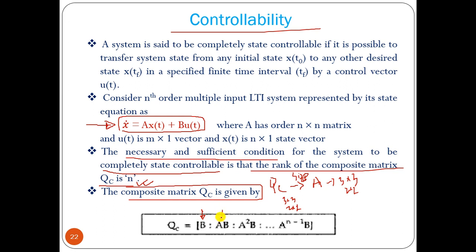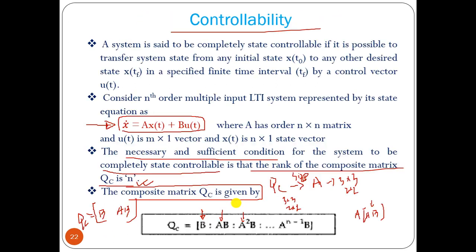For the second column we take A multiplied with B. For the third column, A squared B, that means A multiplied with the AB matrix, which gives A squared B. Then A cubed B, and so on, up to A to the n minus 1 times B. So if it is a 2 cross 2 matrix, Qc is 2 cross 2, and we take the B matrix and AB; these two columns. If it is 3 cross 3, then B, AB, A squared B, and so on.